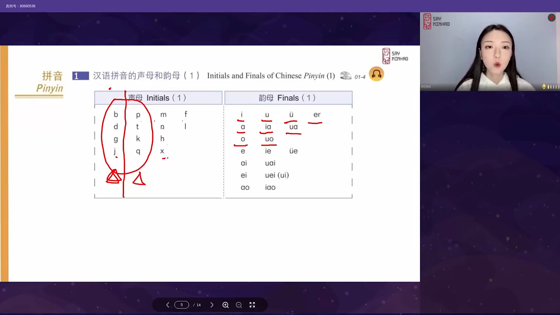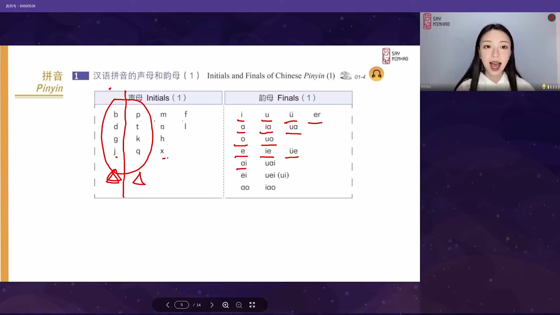Next is e. Next one, ye. Next one, yue. Pronounce yu first and then pronounce e, and then you can get yue.